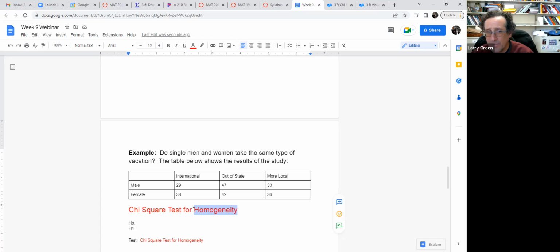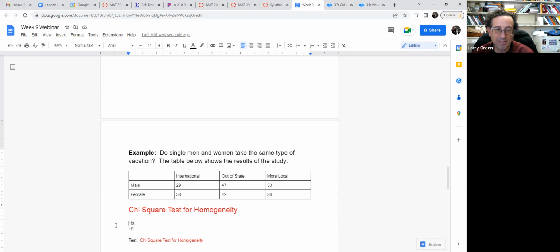Yeah, of one type. Homogeneous versus heterogeneous, which means kind of all mixed up. So the idea is you're testing to see if the type matters or not. Do you see that? If the male's distribution is the same as the female's distribution.